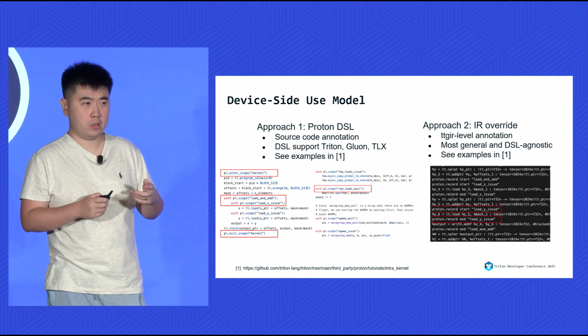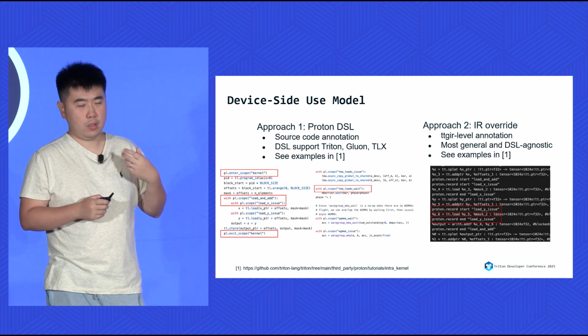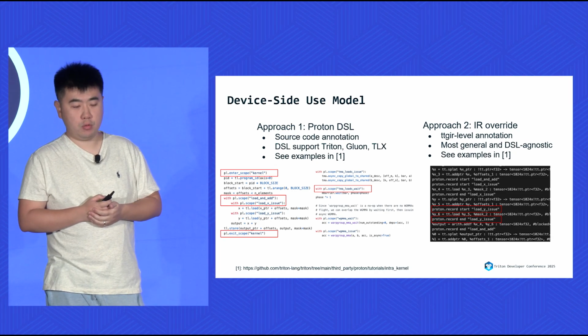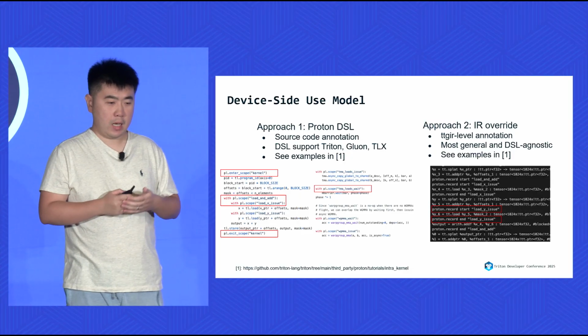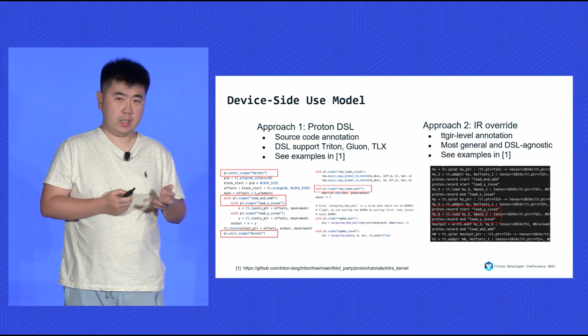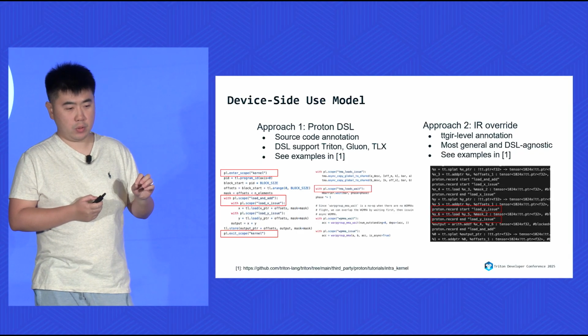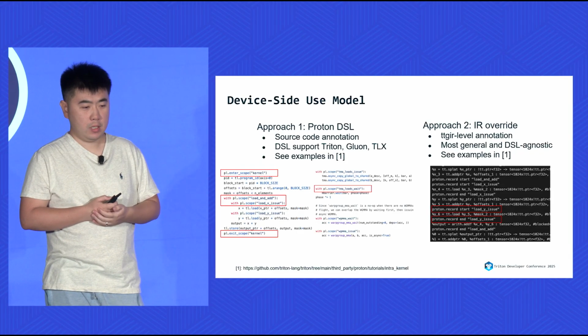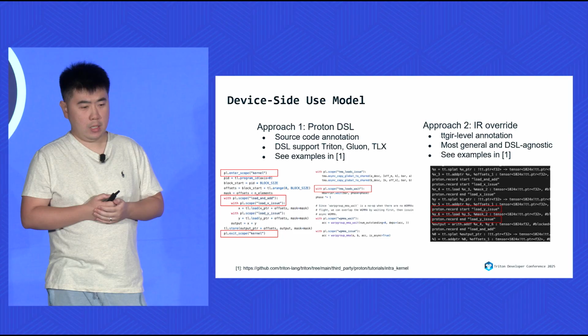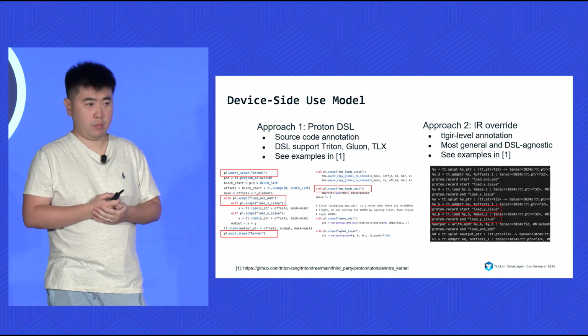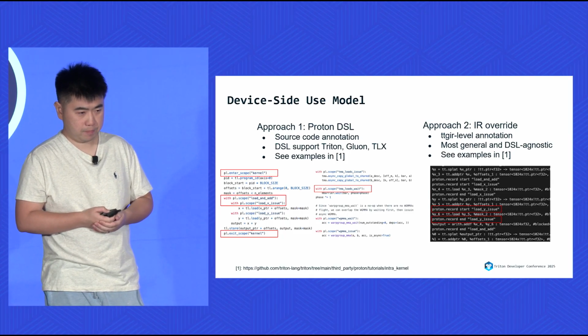It might distort your annotations. So instead, we recommend the second approach, the IR override approach, where you annotate your kernel at the TTGIR level using the Proton operator. It is the most general and DSL-agnostic approach for intra-kernel profiling.